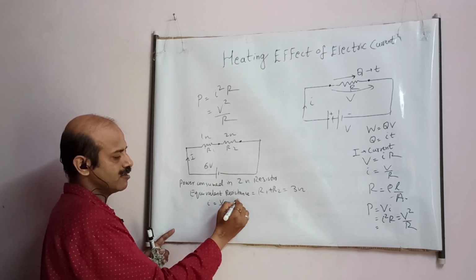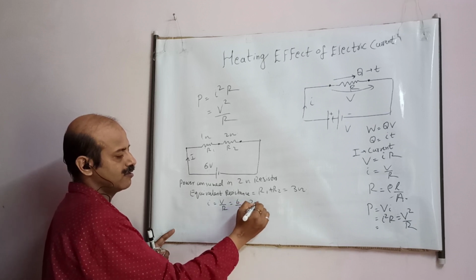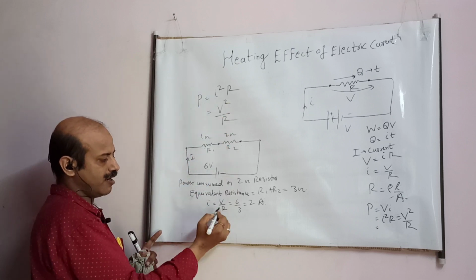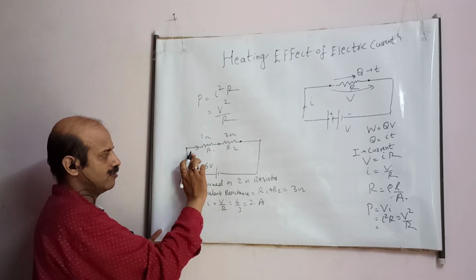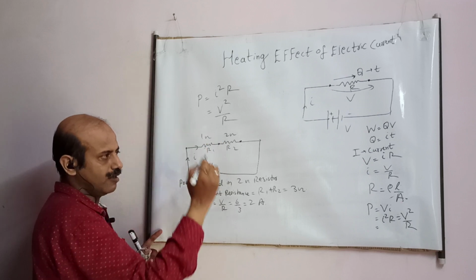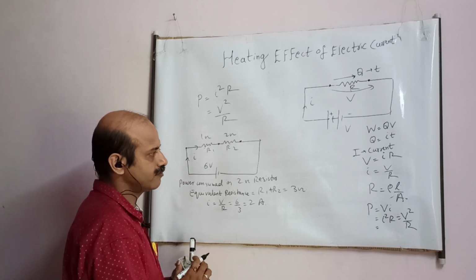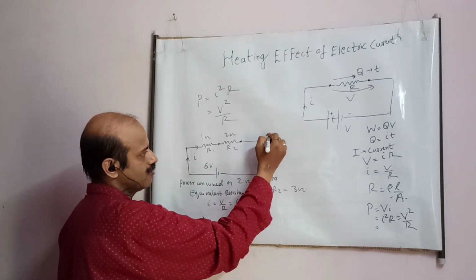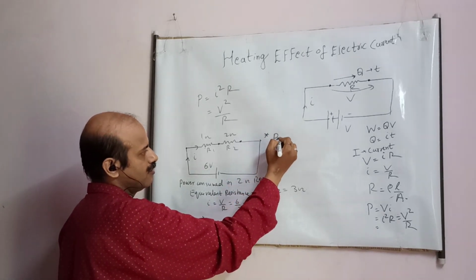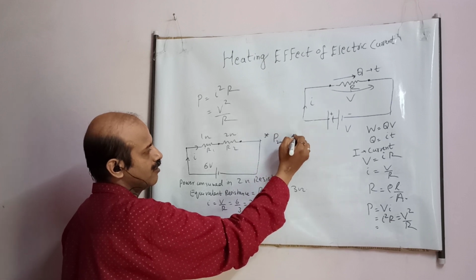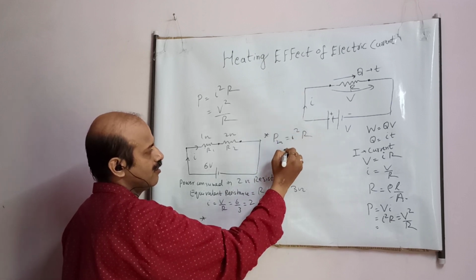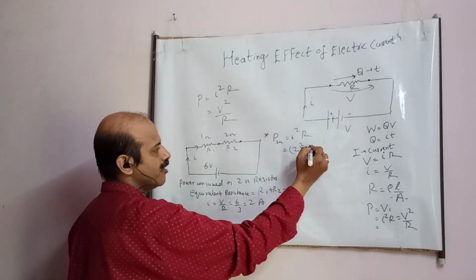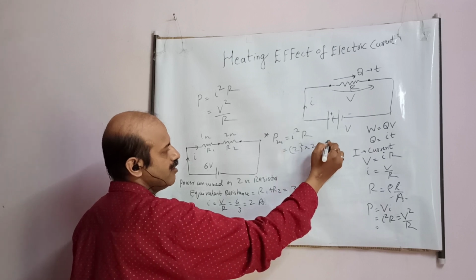Current is V by R, 6 by 3, 2 ampere. Now, student, I can apply this formula because I got the current, and the same current will flow. Power across the 2 ohm resistor: I square R. I is 2, R is also 2, student. So the answer is 8 watt.